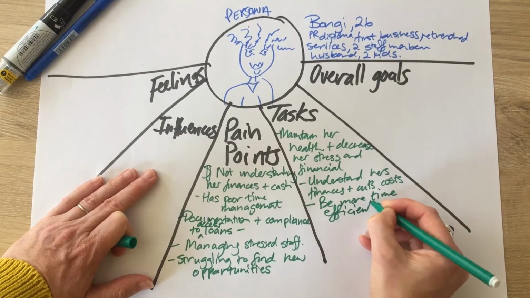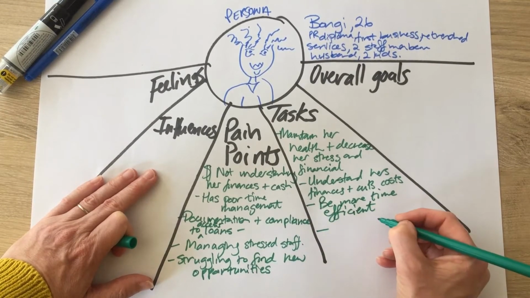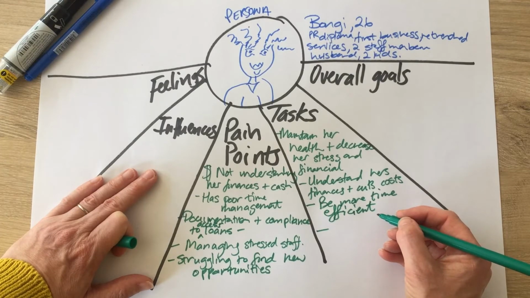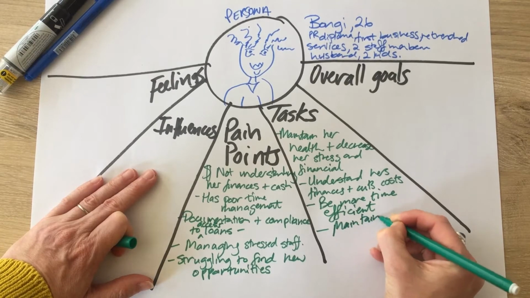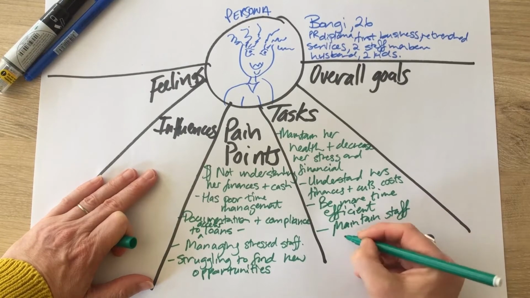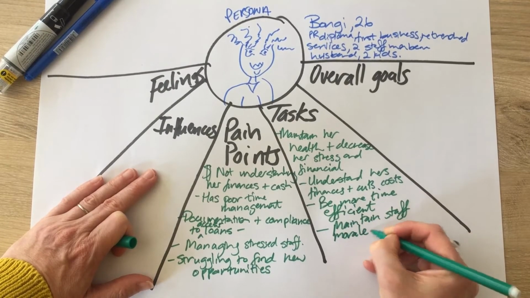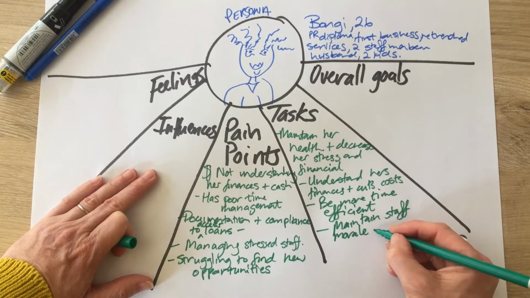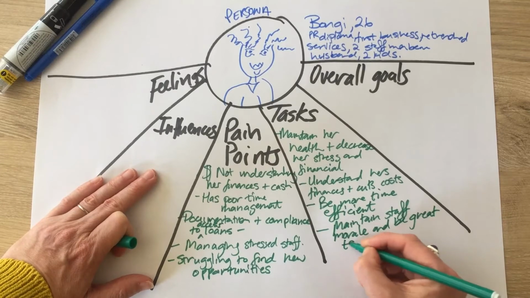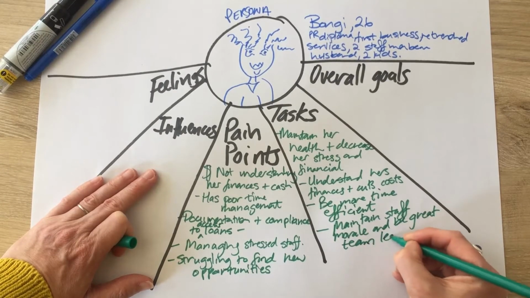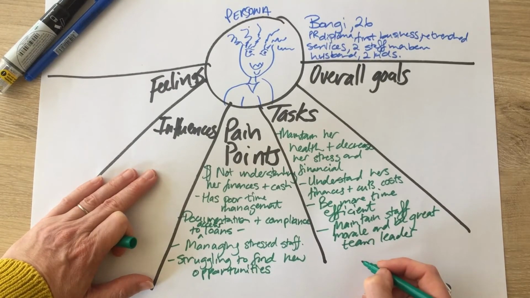That's a task she needs to do. She also knows that despite her own challenges, she wants to maintain staff morale. This is hard work in the circumstances, so it's a real task, and she wants to be a great team leader to guide everybody through this very difficult time.